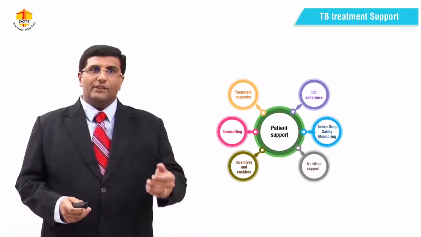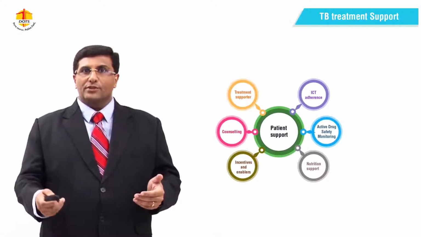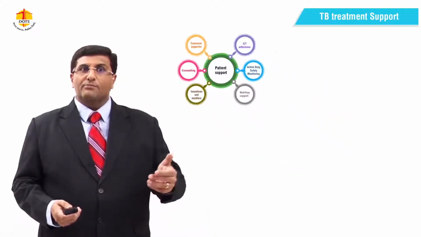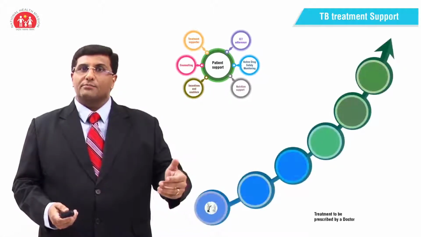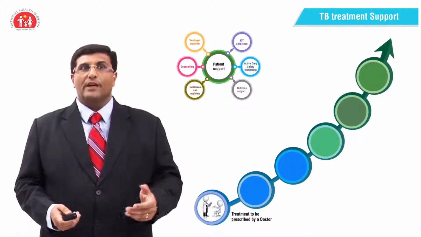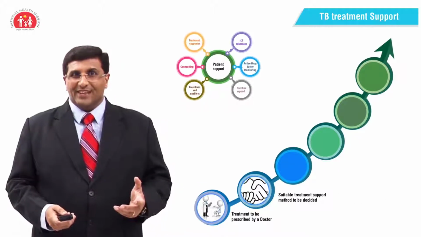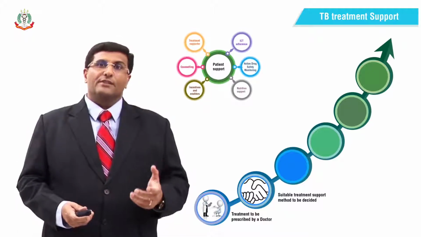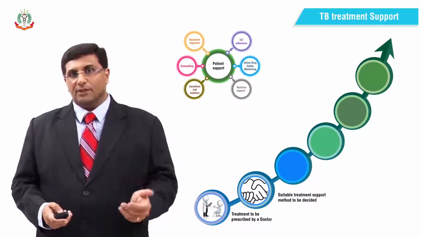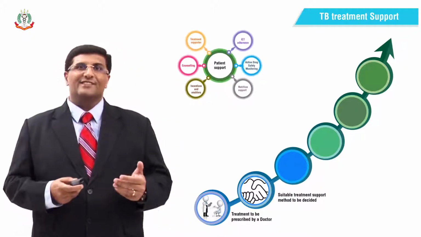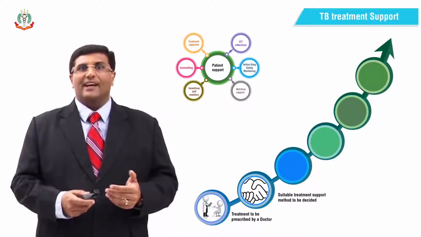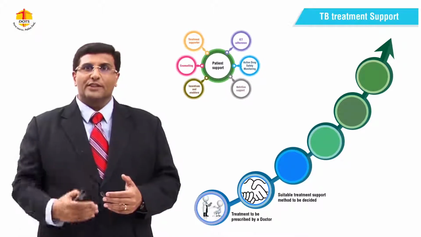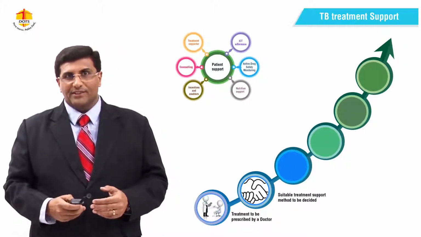So right from the beginning of the treatment, if you look at the flow of the patient and the journey of the patient all the way till the end of treatment, the most important step is when the patient is prescribed the necessary treatment, where counseling comes into picture, and the decision of what would be the suitable method of treatment support, of adherence monitoring, that has to be discussed in consultation with the patient and the provider to come to a consensus on what would best suit the situation of each of the patient.